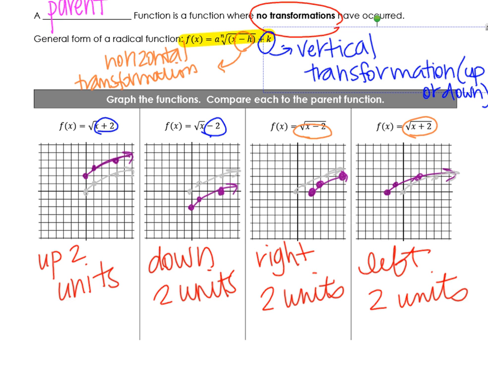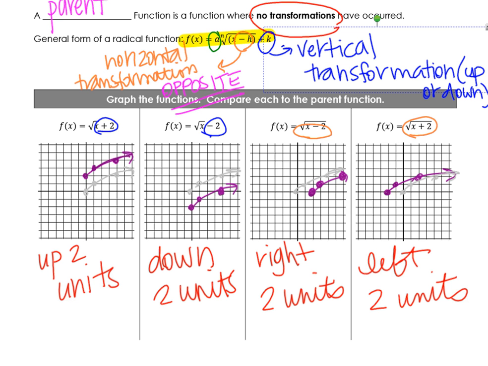And when you have a horizontal transformation, you want to think opposite. Because if you have x minus 2 underneath the radical, then it's going to go to the right. If you have x plus 2, it's going to go to the left. It's just like when we did vertex form and intercept form. If you're coming out of the parentheses, you're going to do the opposite of what it wants you to do. So that's something we're going to want to keep in mind.